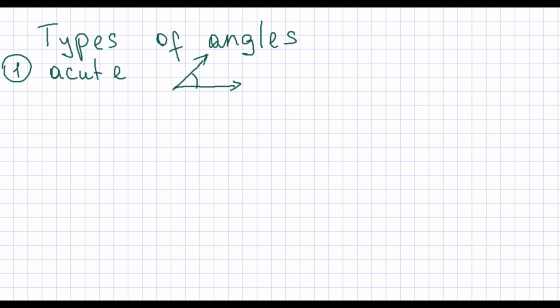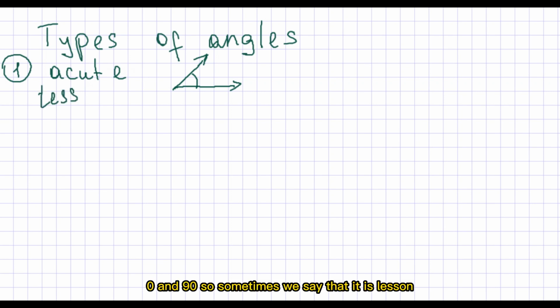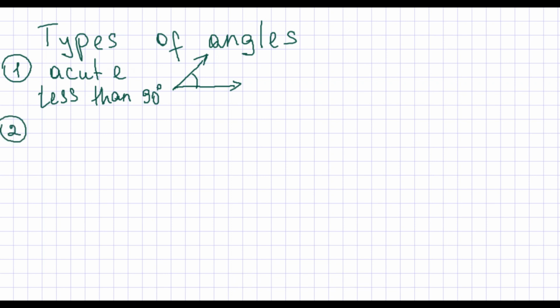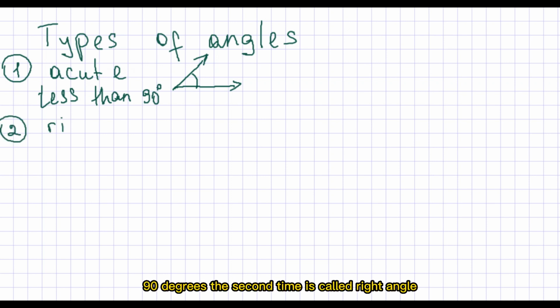Acute angle, the turning between 0 and 90. So sometimes we say that it is less than 90 degrees. The second type is called right angle.